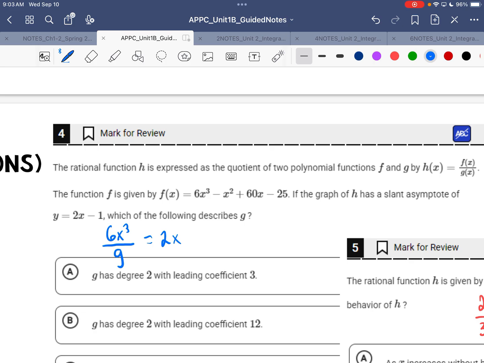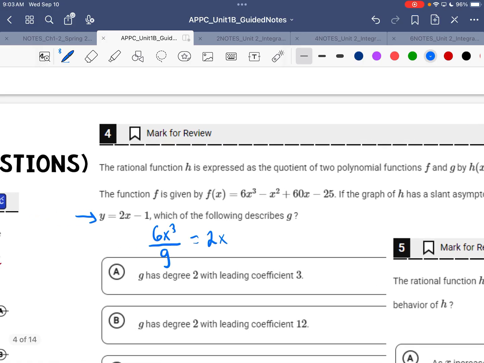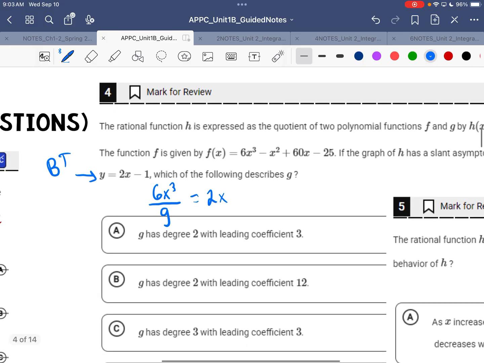In order for there to even be a slant asymptote, what does the ratio have to be? Big bottom, big top, both same. What do we think? Big top. So you have to make sure that the degree of the numerator is larger than the degree of the denominator, by 1, because this is to the first power.